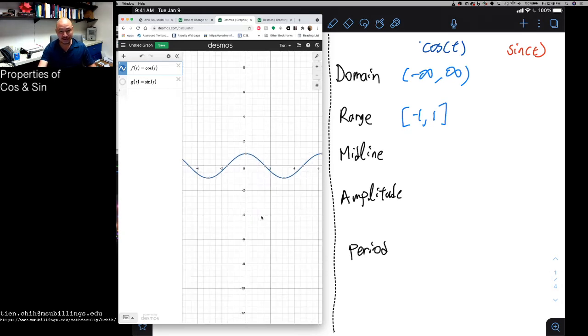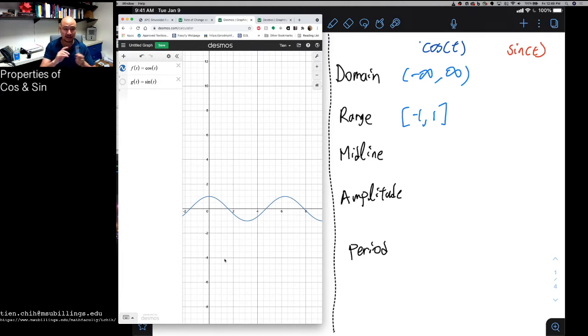Now, as far as the midline goes, if we zoom in a bit on our function here, I'm going up to 1, I'm going down to negative 1. We have our range there. And so that tells us our midline should be in between those values, or 0. Let me plot y equals 0 real quick. Let me dash it because I like that. Then you can see that's exactly in the middle of my peaks and valleys.